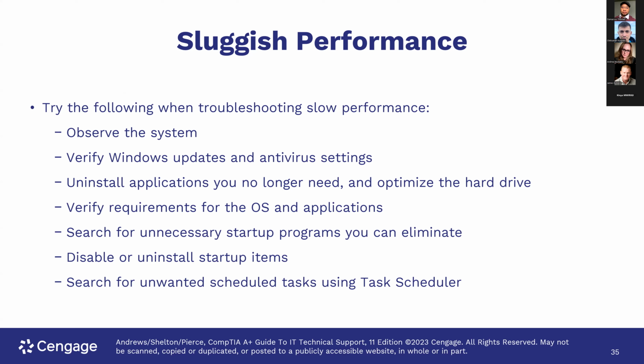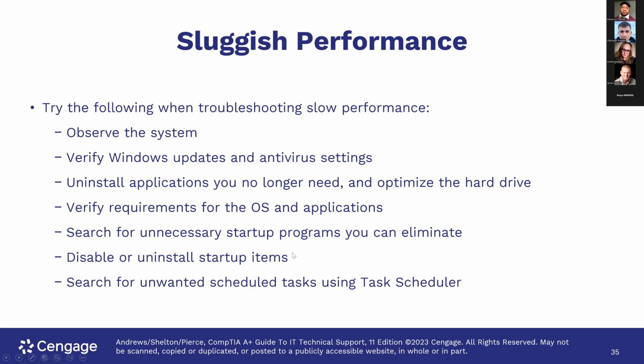Verify Windows updates and antivirus settings, uninstall applications, you name it. Verify requirements for the OS and applications. Search for unnecessary startup programs you can eliminate. Disable or uninstall startup items.